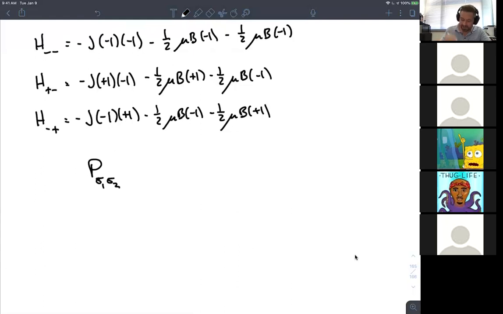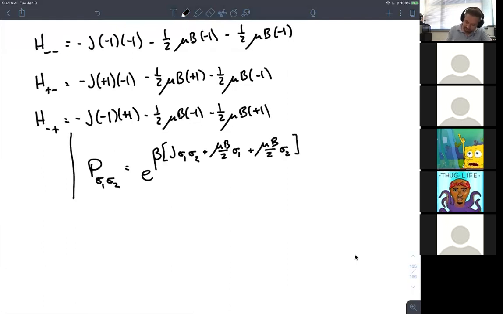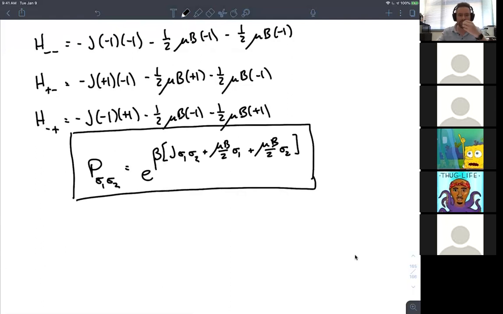Each element is equal to e to the beta J sigma 1 sigma 2 plus mu B over 2 sigma 1 plus mu B over 2 sigma 2. So this is the definition of my P matrix elements. Does that make sense?